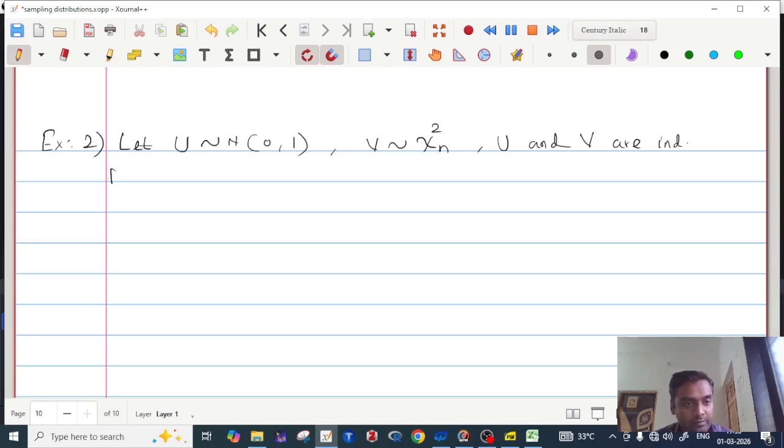Find the probability of U plus the square root of V upon n, divided by the square root of V upon n, being less than or equal to.